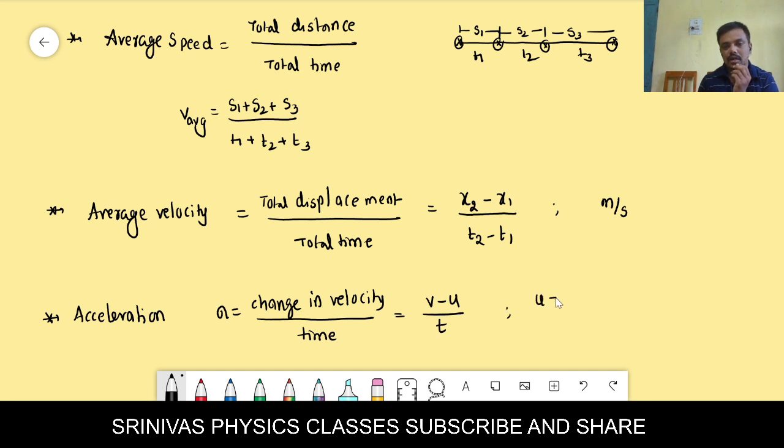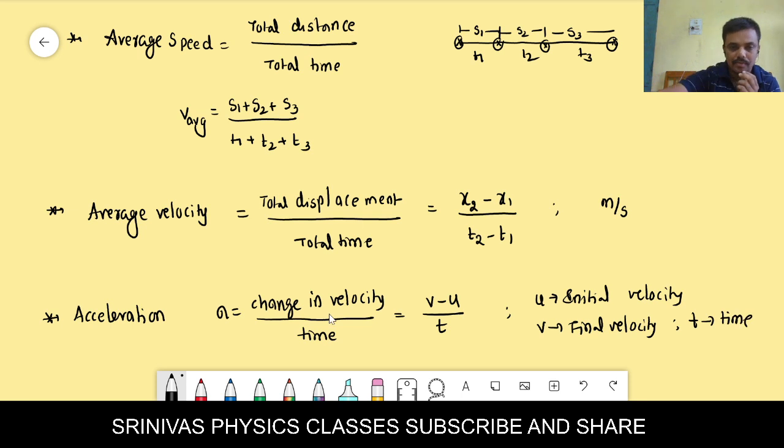What is u here? Initial velocity. What is v? Final velocity. What is t? Time. In t time, the velocity changes from u to v. This is the formula for acceleration.